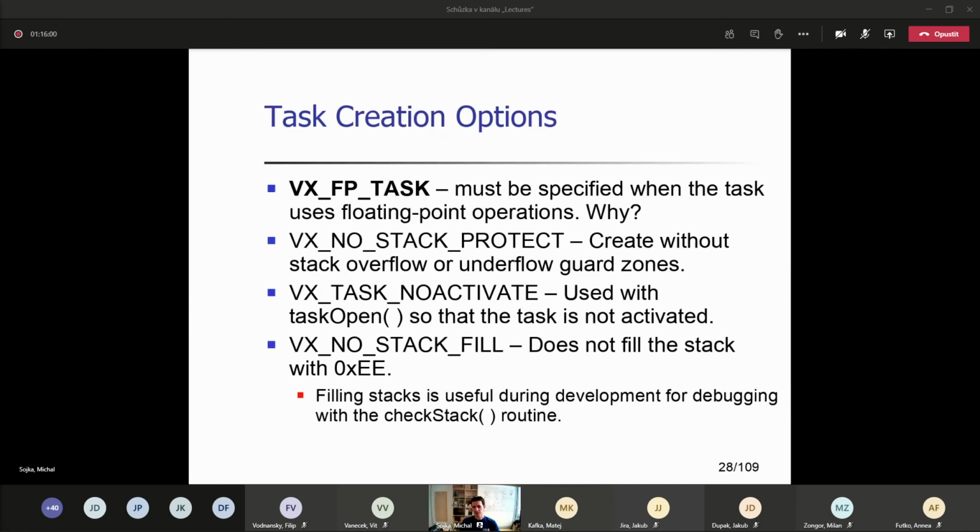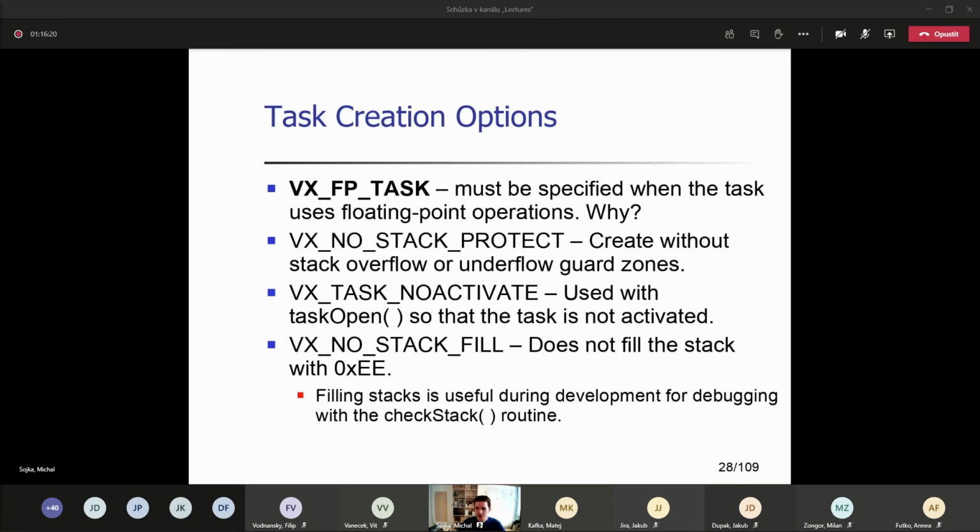And again, if we are writing real-time applications, we don't want this, because it means that at some random point in time, the operating system might decide to save some registers and restore other registers. And maybe it's not the right time to do this kind of thing.